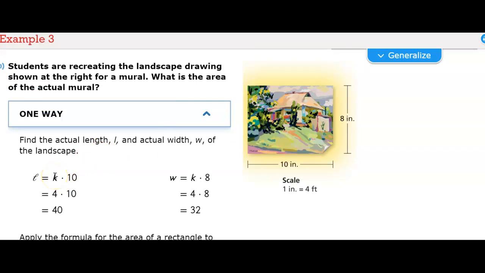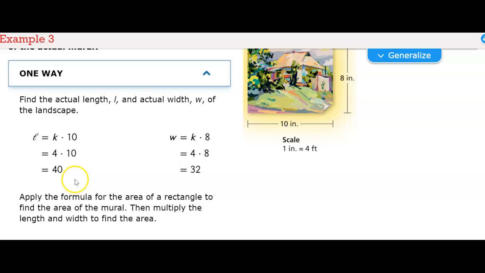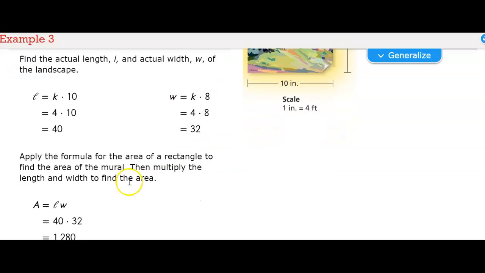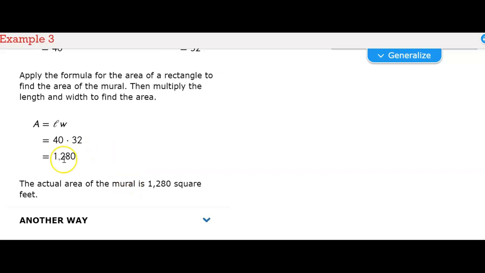K, again, is the scale. The scale used here is 4 feet is equal to 1 inch. So K is 4. 4 times 10, the length, is 40. That's the actual length. The width is K times 8, so 4 times 8 is 32. And then 40 times 32 gives us the area of 1,280 square feet.